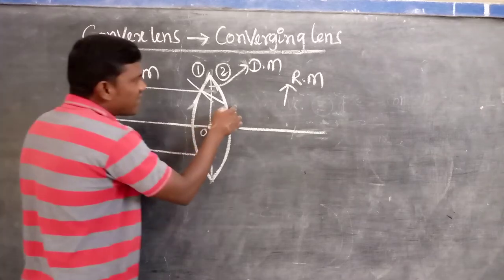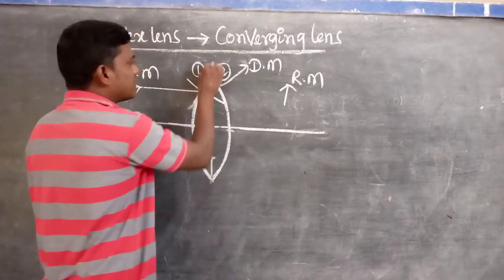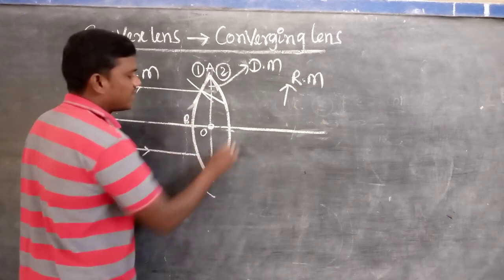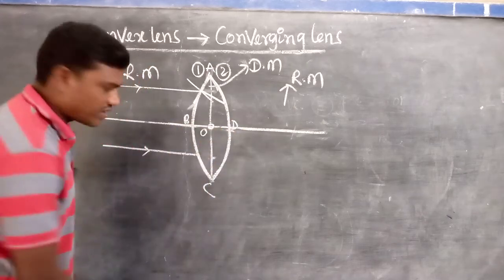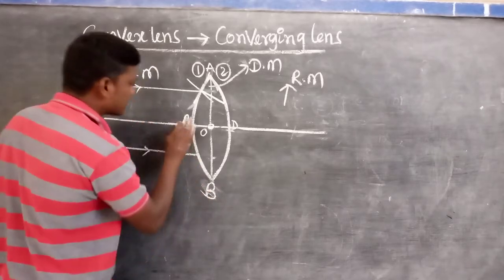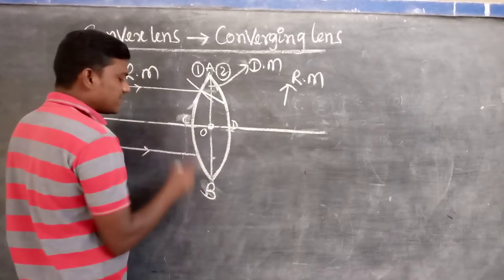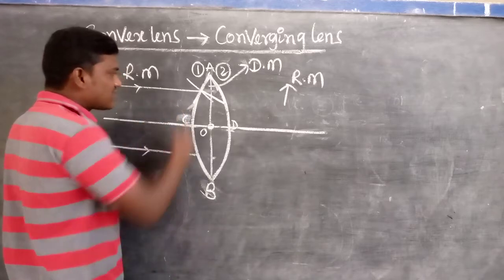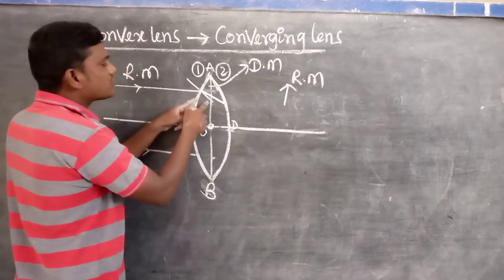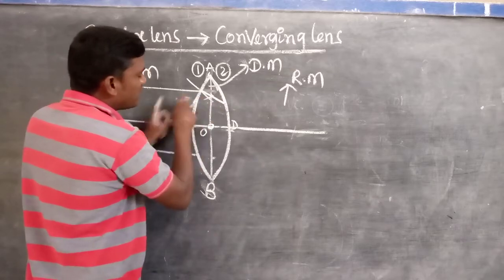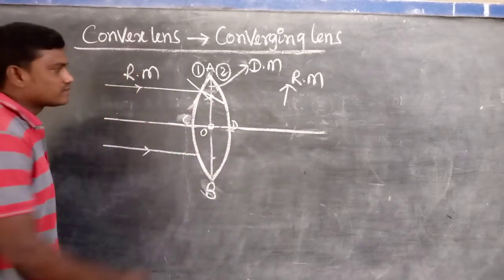For the second refracting surface, here it is A, B, C, and D. ACB is the first refracting surface. For this one, the light travels from rarer to denser, so after refraction it bends towards the normal.